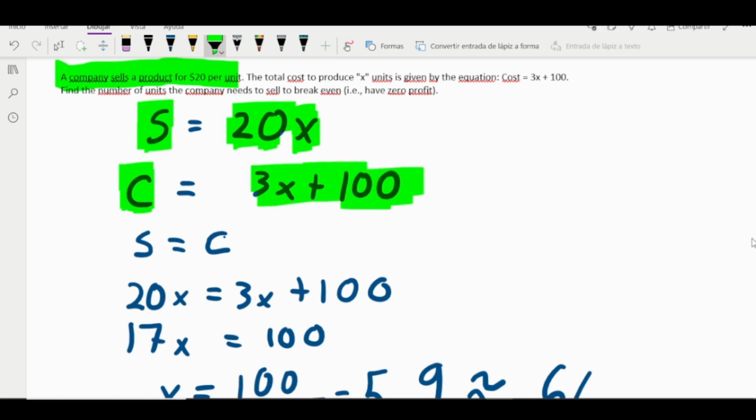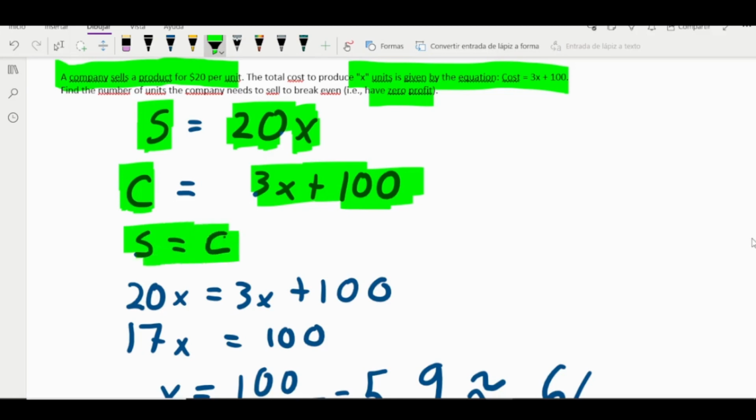Okay, but if we continue, this is the second part. Okay, we have the second equation. They say find the number of units the company needs to sell to break even, or to have zero profit. So in this case, when we say even, it means we need to have the same quantity of sales and cost.